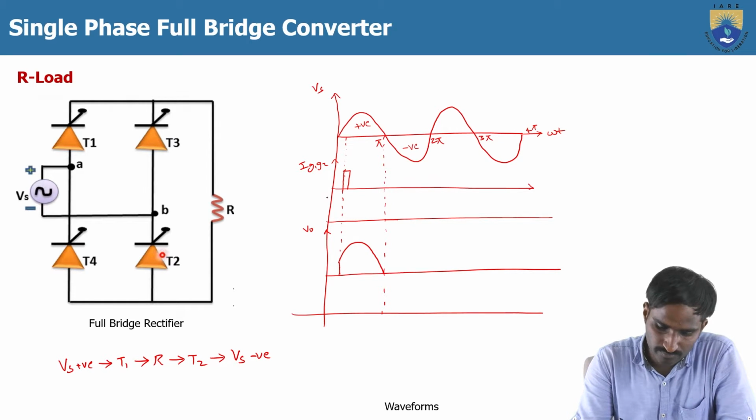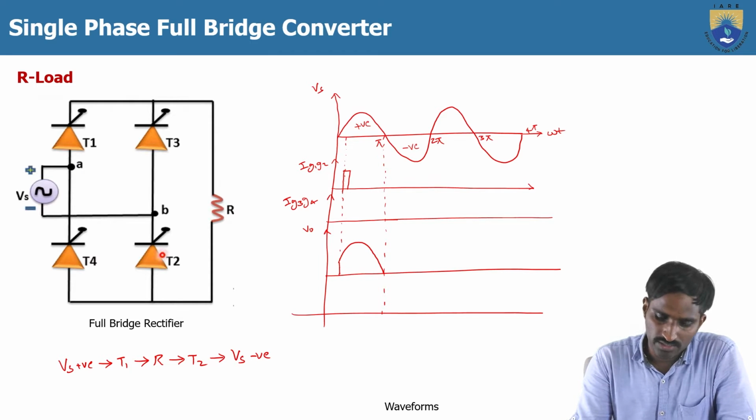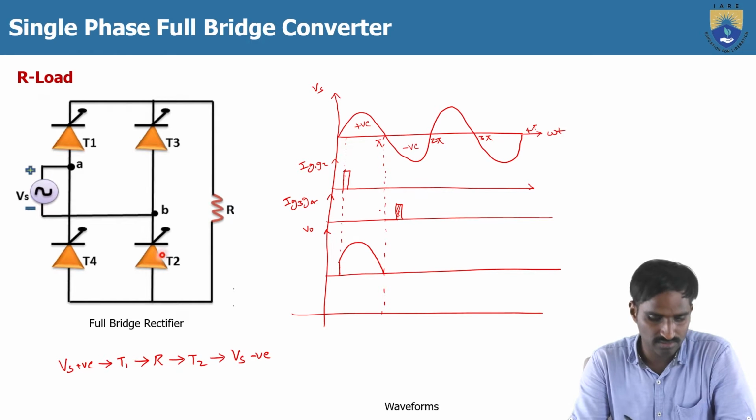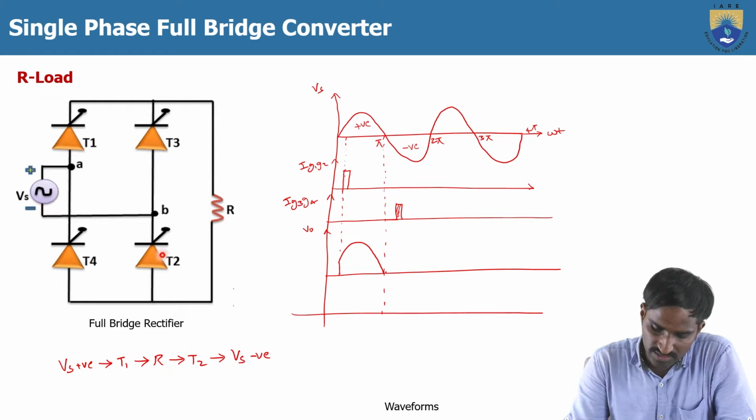Here, let me consider these are the I_G3 and I_G4, the gate signals for thyristor 3 and thyristor 4. Then at pi plus alpha, I am giving the gate signal for thyristor 3 and thyristor 4. Then thyristor 3 and thyristor 4 will get turned on at this point.